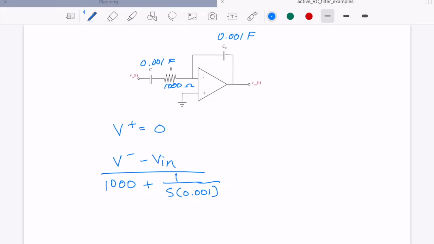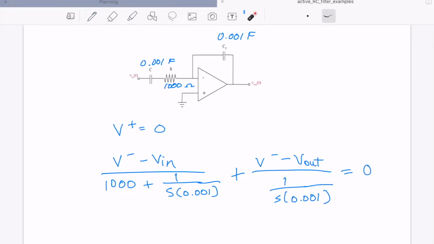So that's V minus minus Vn over R plus 1 over Sc. And then we have this voltage minus this voltage over 1 over SCF. So that'll be V minus minus V out over 1 over S times 0.001, okay? Plus the 0 going into the terminal will get equal to 0, okay?